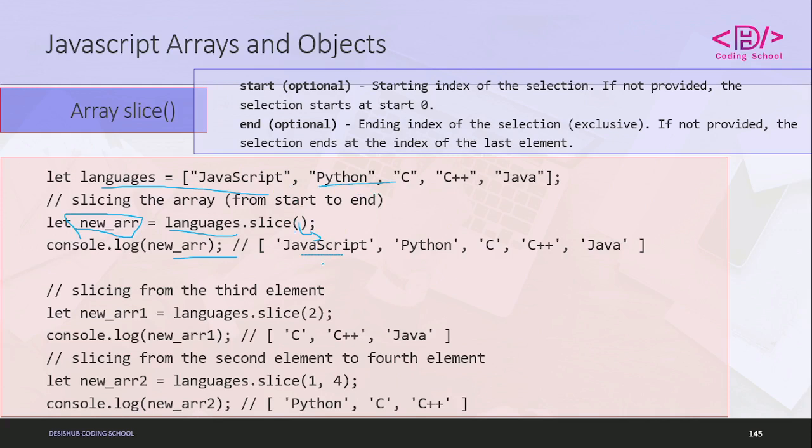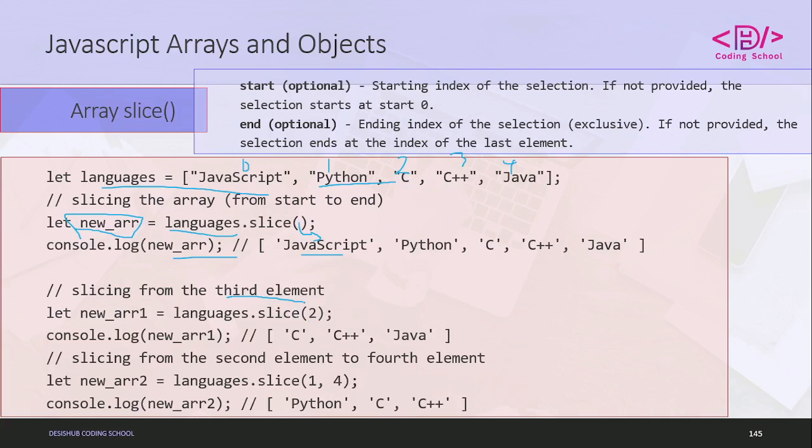So that is the first thing, and you can also slice from a specific index. For instance, slicing from the third element: this is at position 0, position 1, position 2, position 3, and position 4. If we wanted to slice from index 2, that means we are at C here, and it will take C up to the last.